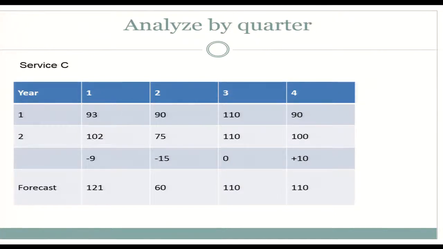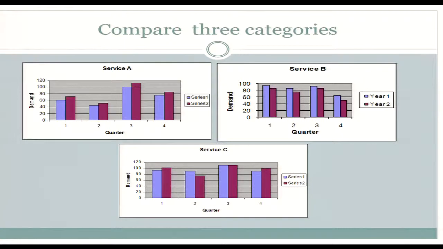So I can get the forecast is mixed, like a cycle. So I make a chart to compare these 3 categories. I use the naive forecast method and I get the result that service B needs to improve because every quarter is decreasing.